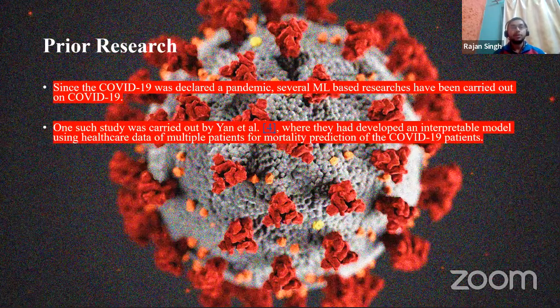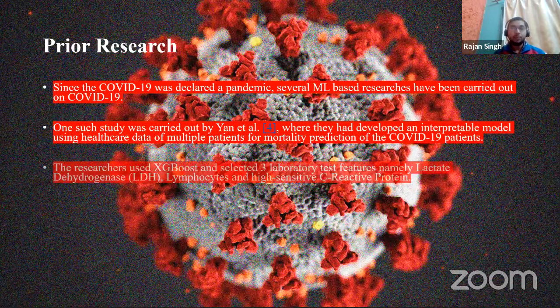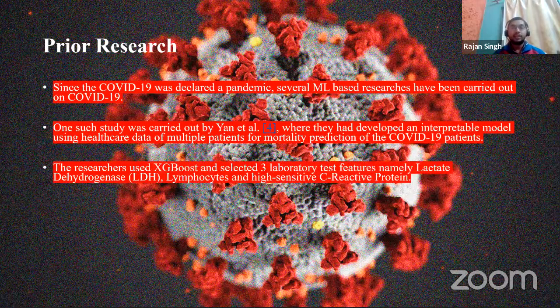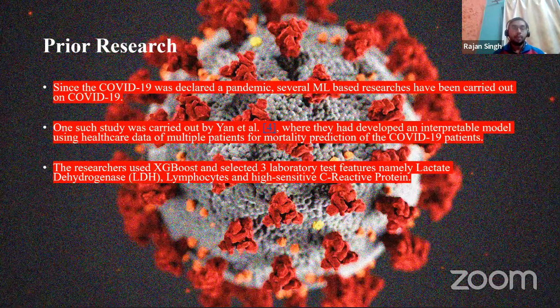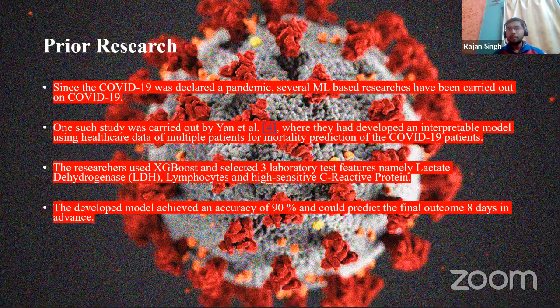One such study was carried out by Yan et al., where they used XGBoost and identified 3 features: lactate dehydrogenase, lymphocytes, and high sensitive C-reactive protein as the biomarkers. From these they developed a model which could predict the mortality of the patient with 90% accuracy and 8 days in advance.